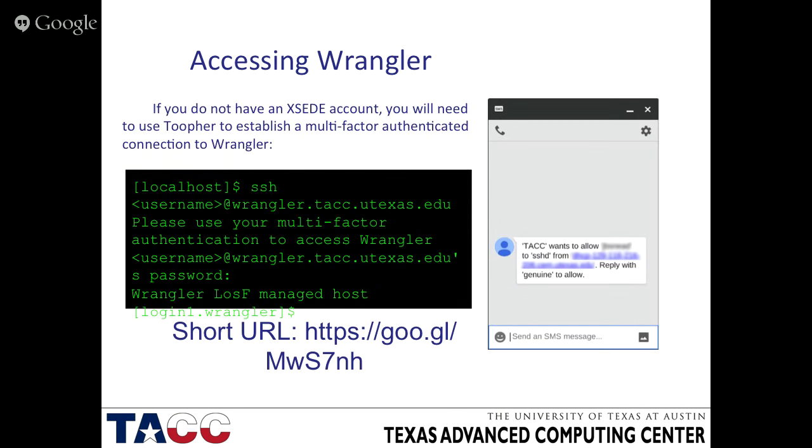But if you do not have an XSEDE account and you just have a local TACC user account, you may have to set up TACC token authentication in order to connect to Wrangler. This is just a one-time setup process. If you're local, working at UT, you've probably set up for your UT ID already. That probably works here as well.